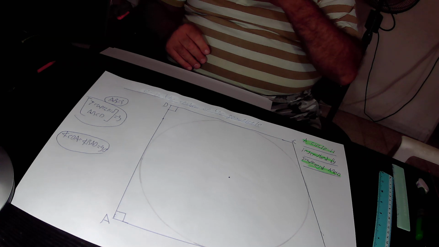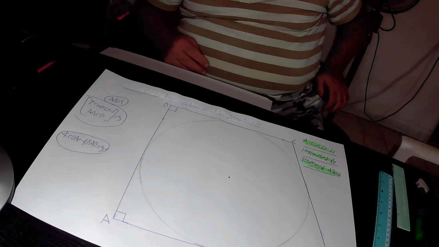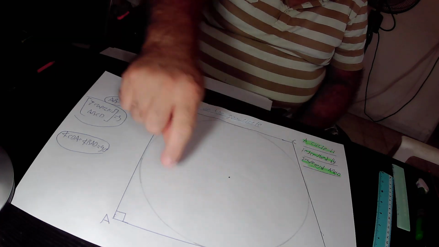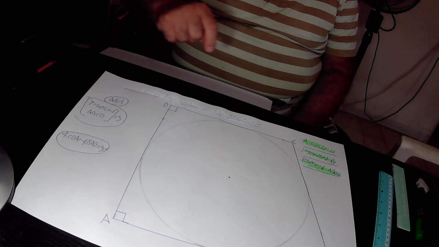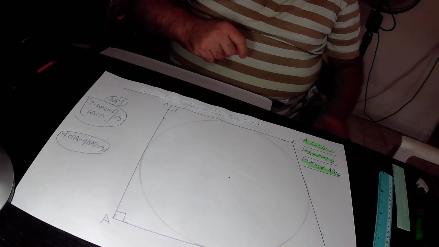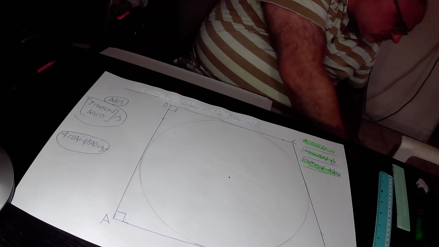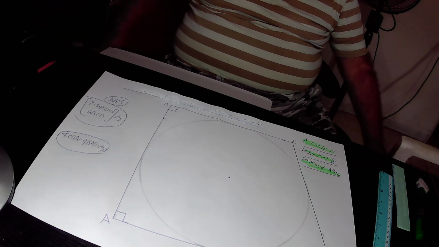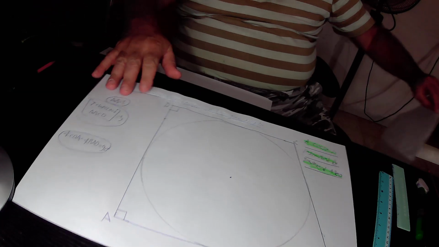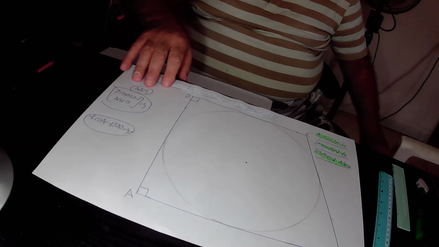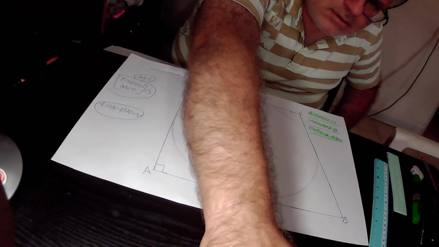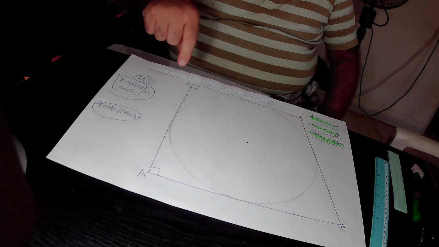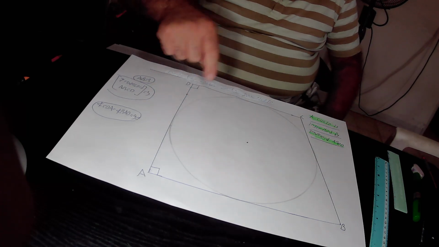Our task in the second question is to find out the area of this circle that is described by trapezoid ABCD.